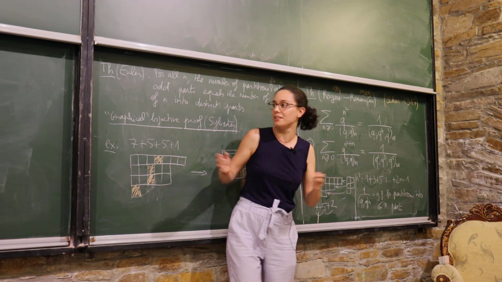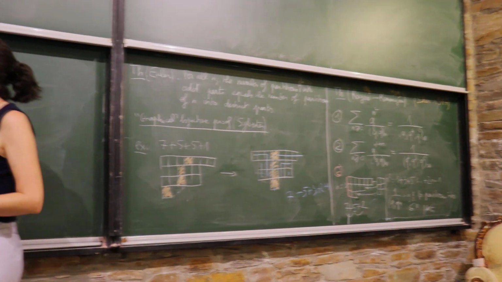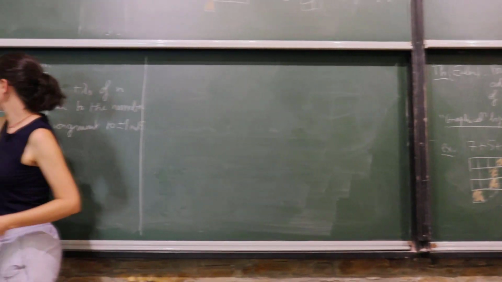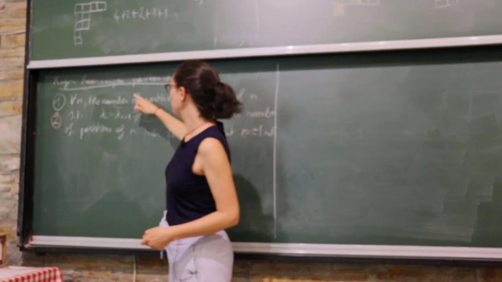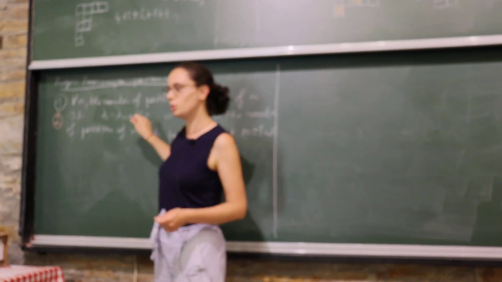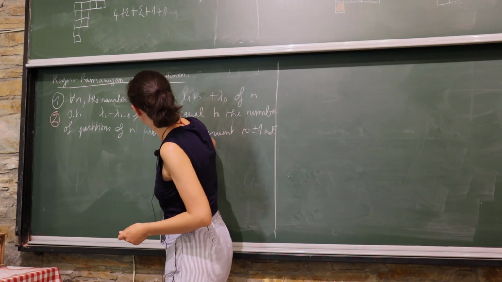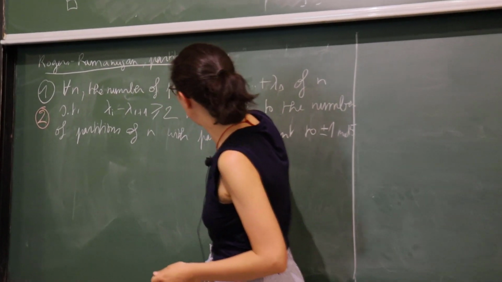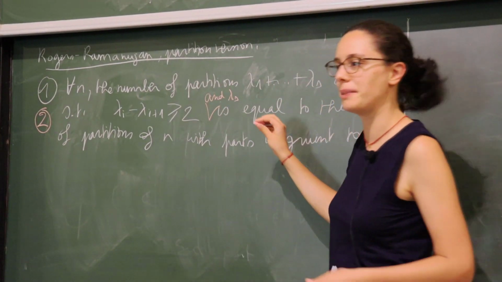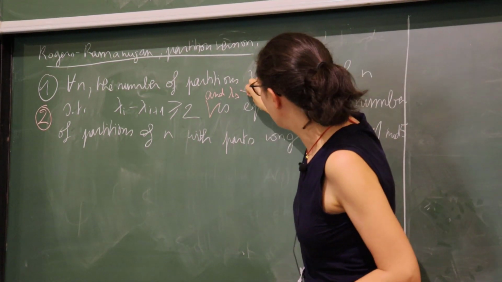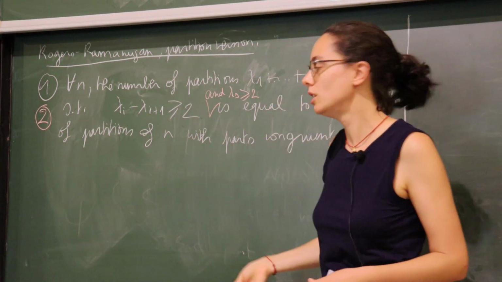And in this way, you can see that the second Rogers-Ramanujan identity, it's still partitions with difference at least 2, but now you also have the fact that the last part, which I call lambda s, is at least 2.